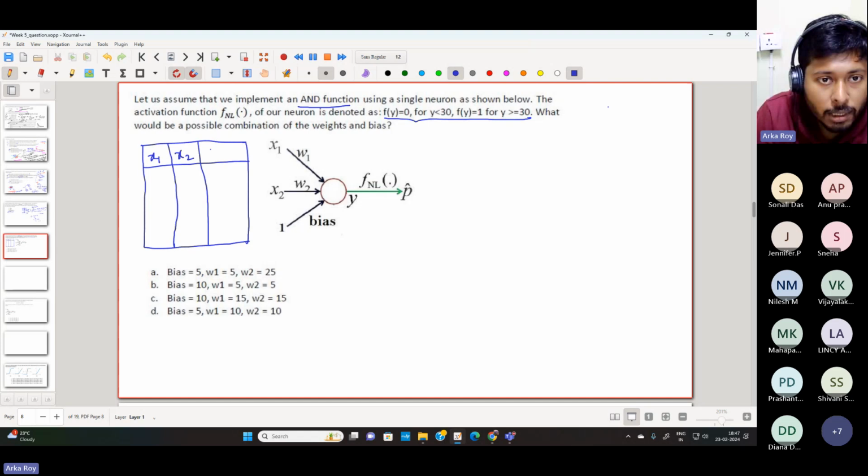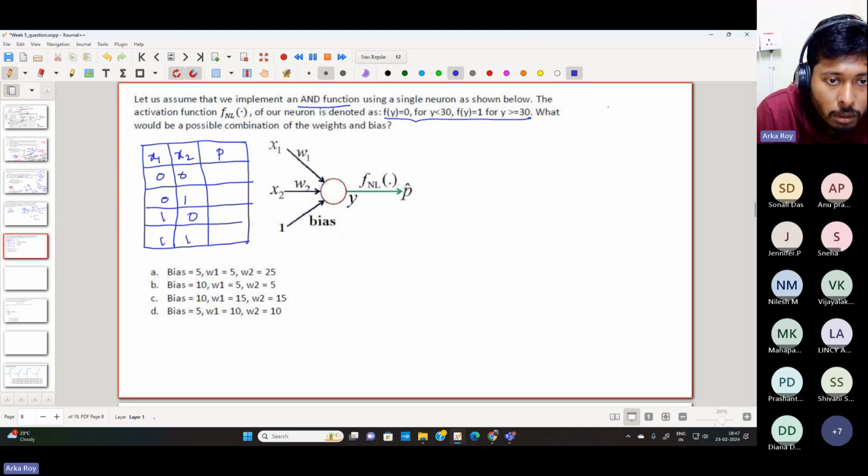So for an AND gate over here, this is a 2-input AND gate, and we know the possible class. So let us consider this particular class observation is P, and over here your neural network output is P hat. So the truth table: 0 0, 0 1, 1 0, 1 1, and the outputs 0 0 0 1.